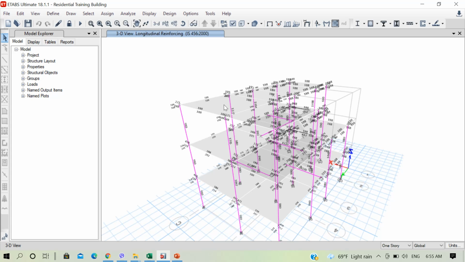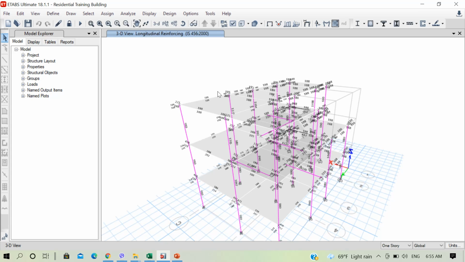We began our design of this structure from preliminary design, and in preliminary design we took a cross section of size 400 mm by 400 mm for columns. After designing we saw that only minimum reinforcement percentage was being displayed for those columns. So I decreased the size of the columns to make the design more optimized.